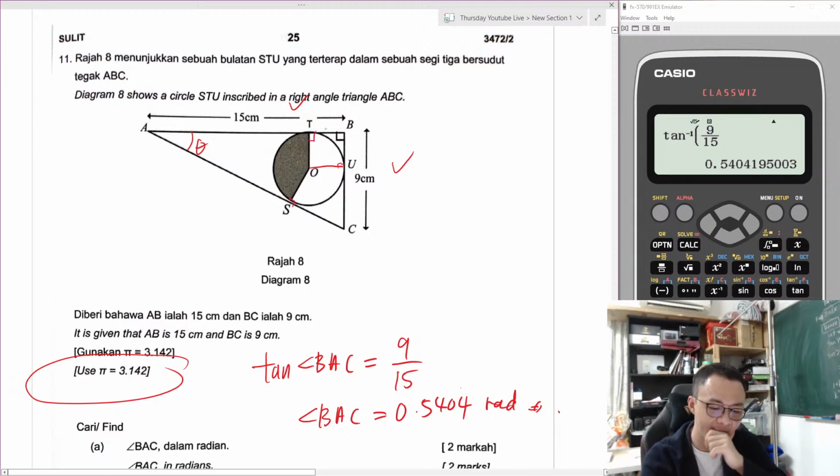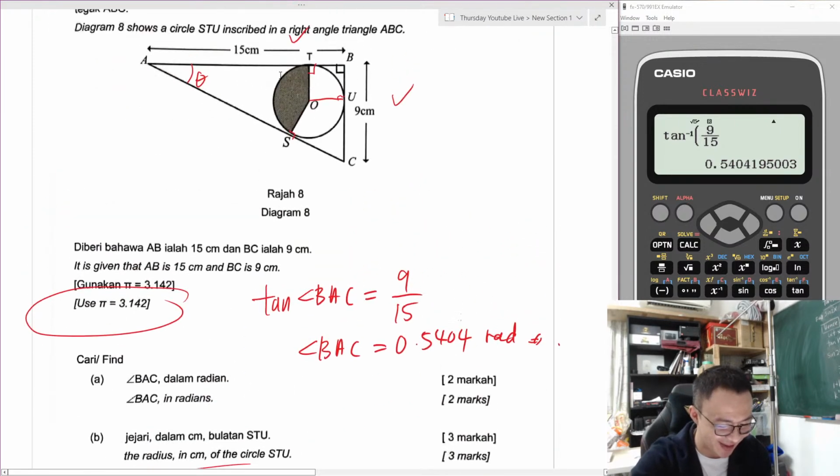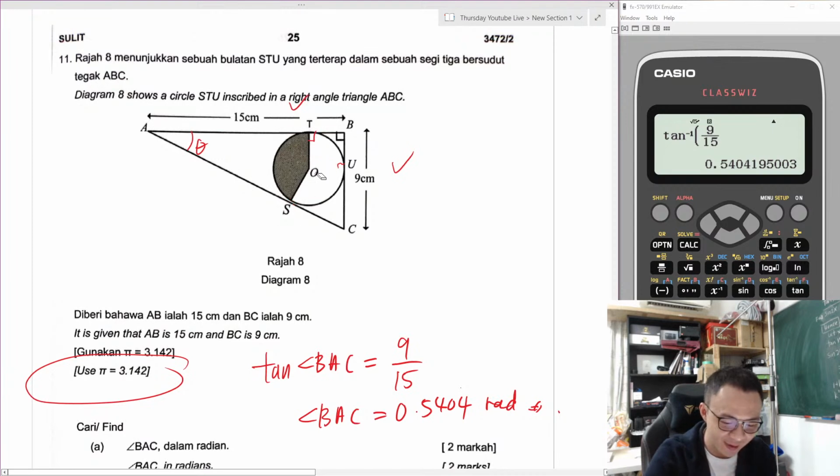Here is 90 degree. Huh? Why suddenly I'm stuck? Am I missing any information? If I want to find the radius, let me think about that.